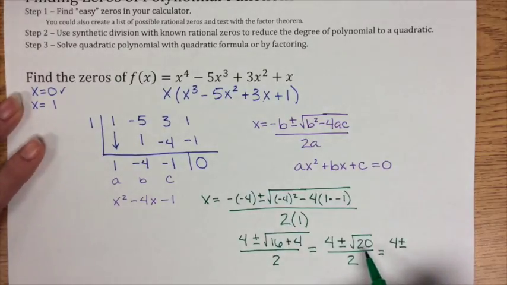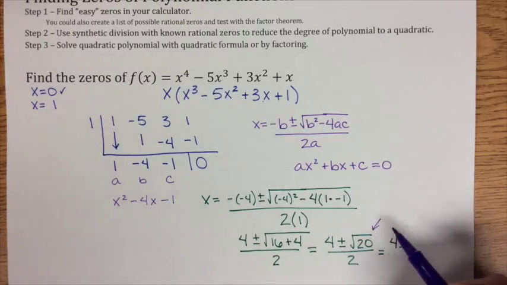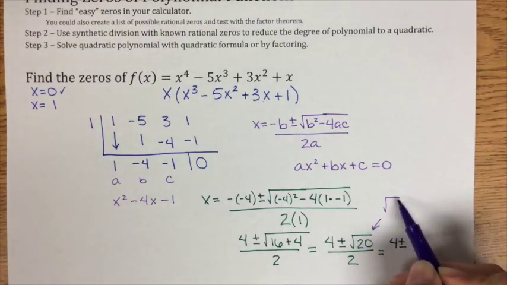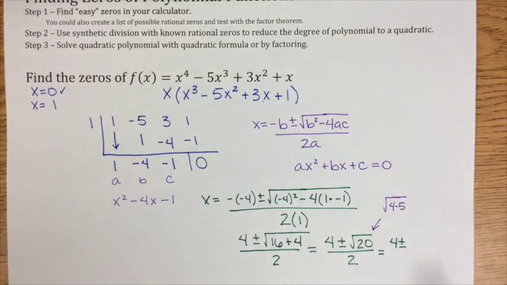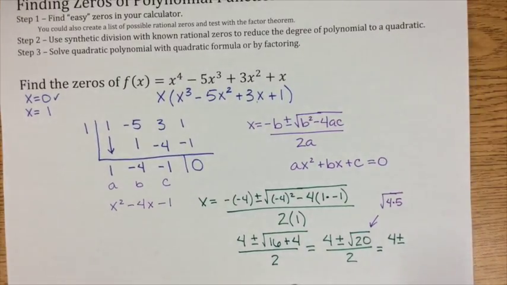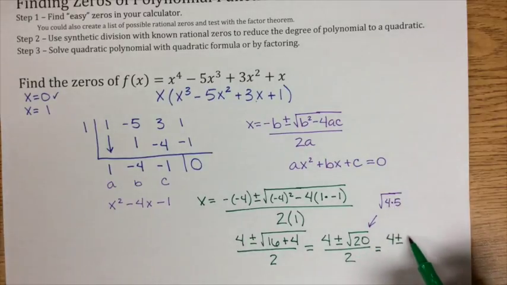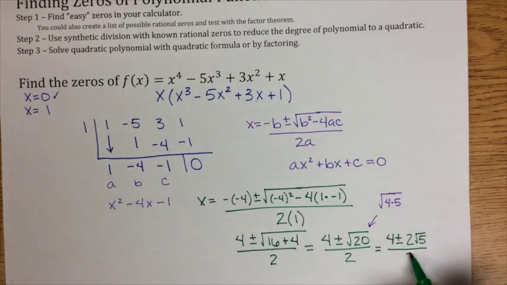Now the square root of 20 is the square root of 4 times 5. The reason I chose 4 times 5 is 4 is a perfect square, and I can take that square root and simplify it. So the square root of 4 is 2. I cannot take the square root of 5. All of that stays over 2. And now you're ready to reduce.